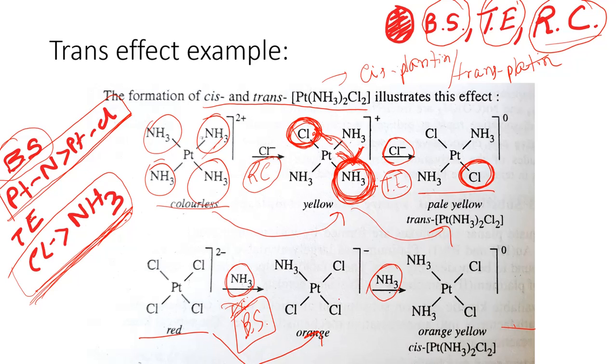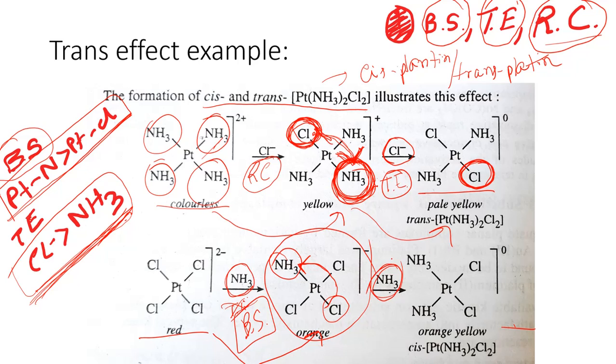The trans effect of chlorine is more than ammonia. So if we show the trans effect as the favoring factor here, then this chlorine will try to release this ammonia, and the same product would be formed again, because this chlorine would release this ammonia and instead this ammonia would be added.